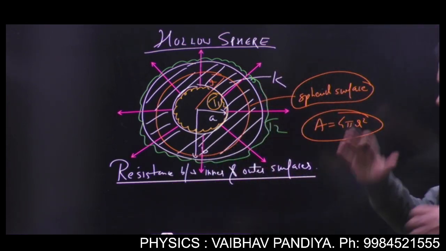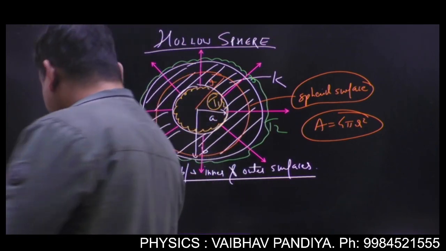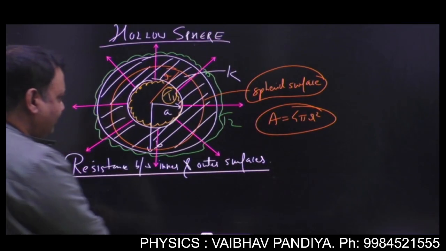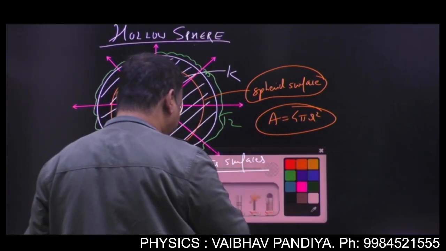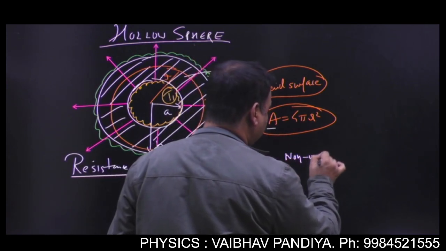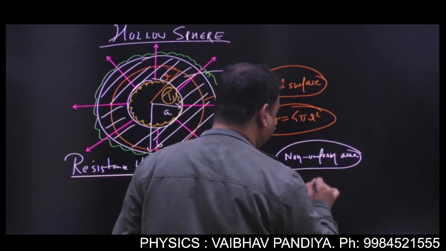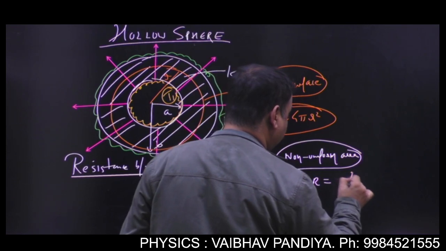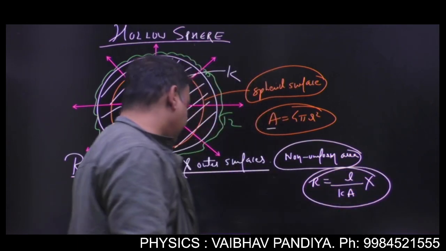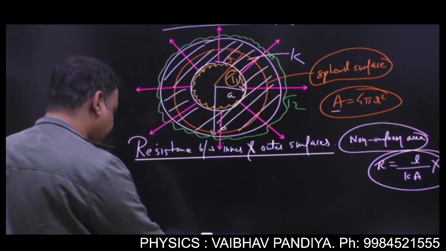So as the heat is going from inner surface to outer surface, is the heat passing through an area of uniform cross section or non-uniform? So of course, if r is changing, A will be changing. So here again we have non-uniform area. So this formula, length by KA, has no applicability because it is limited to uniform area. So again we will apply calculus.